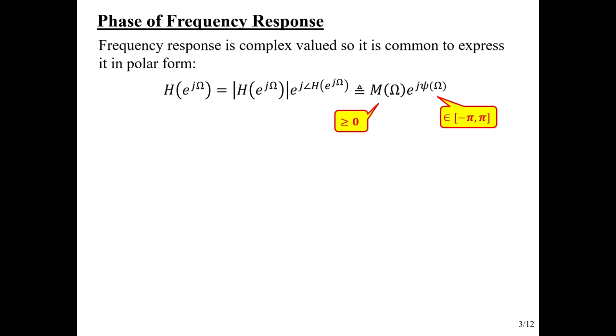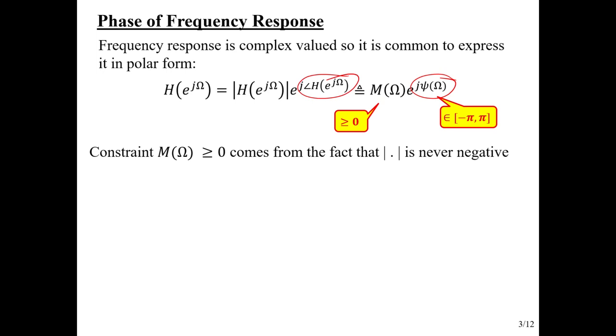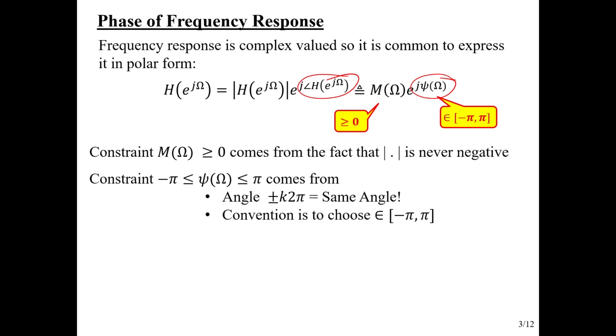We're just talking about the phase of the frequency response here. So this constraint, as I said, comes from the fact that the magnitude of something is never negative. And this constraint just comes from the fact that we can always insist, or as a convention, we can choose the angle to lie between minus pi and pi.